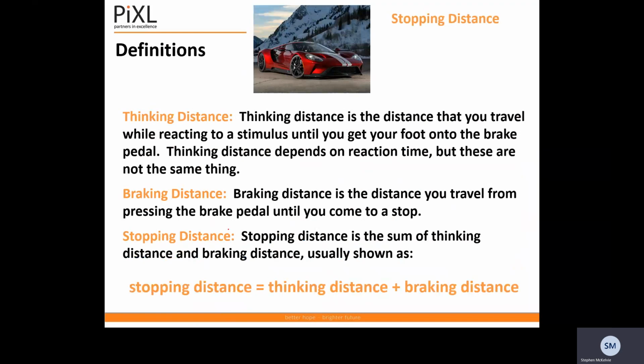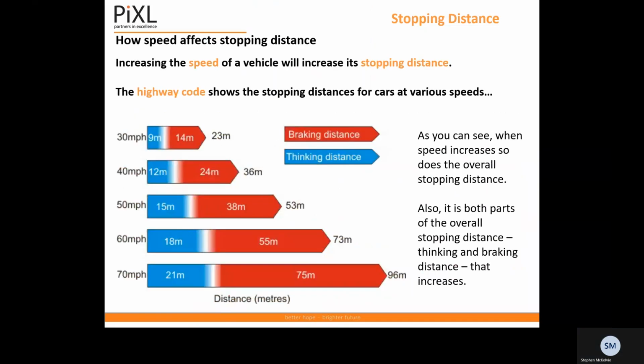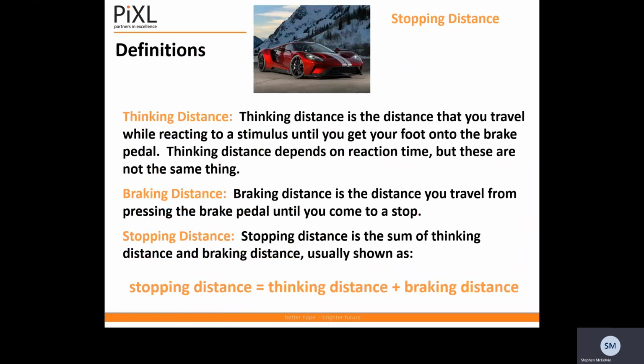Braking distance is the distance you travel from pressing the brake pedal until you come to a stop. There are going to be loads of things that affect braking distance as well. Stopping distance then is the sum of thinking distance plus braking distance, as shown in the equation below.